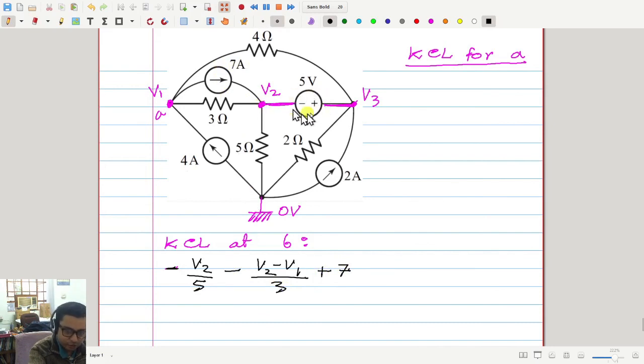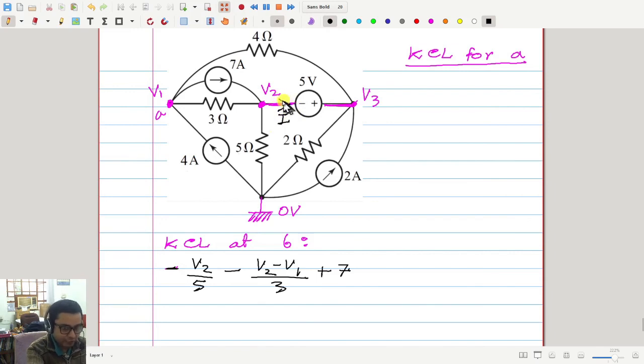Then this crucial branch, the 5 volt branch. Now here, how much is the current? We don't know. We cannot write anything because current through a voltage source can be anything. So here we have to assume a current. Suppose a current of I is flowing from left to right.